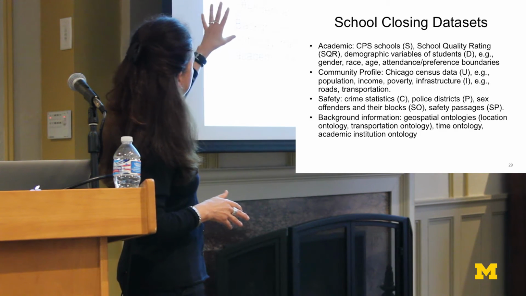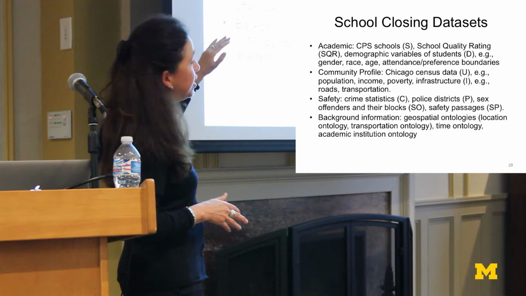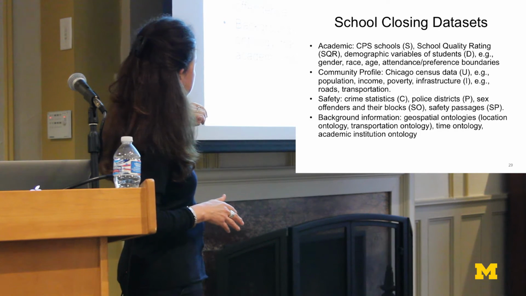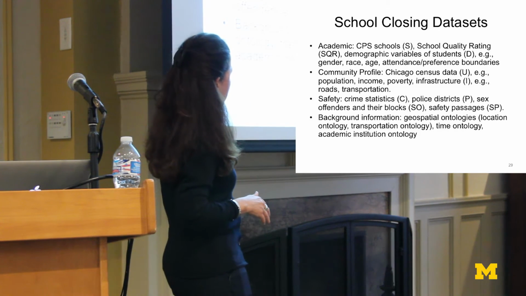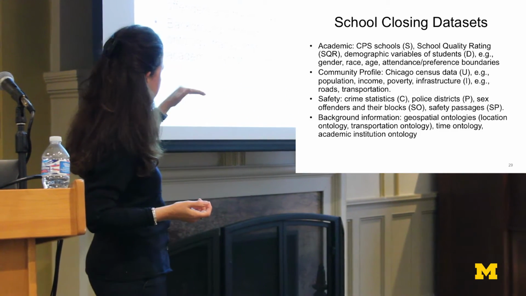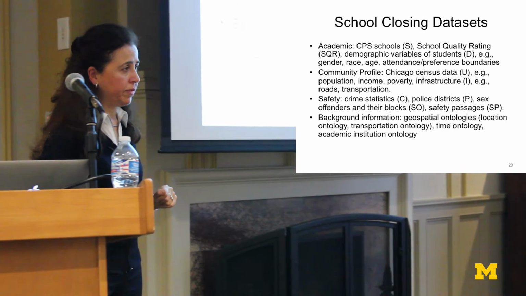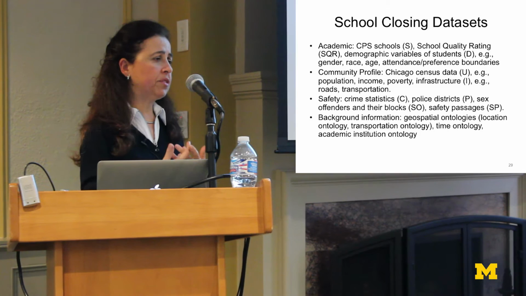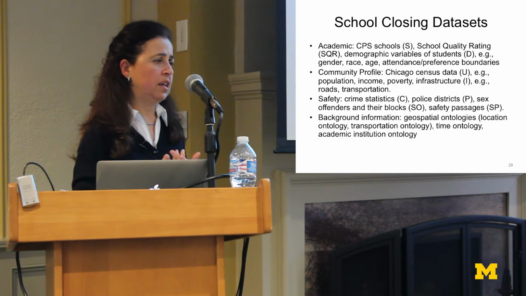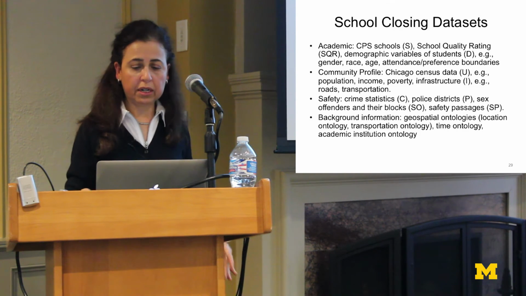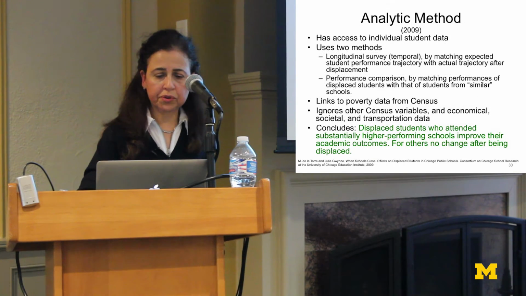There are the domain data sets, community profile data sets, safety data sets as well, and background information that has to do with geospatial ontologies, time ontologies, and so on. All of these really need to be integrated to answer any questions, any queries, any analysis that we may want to perform on the school closings.